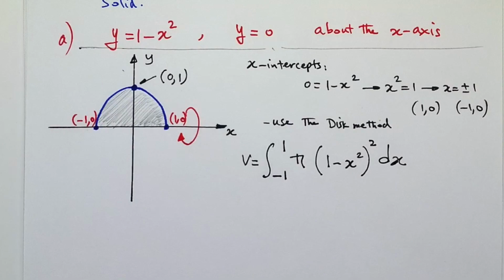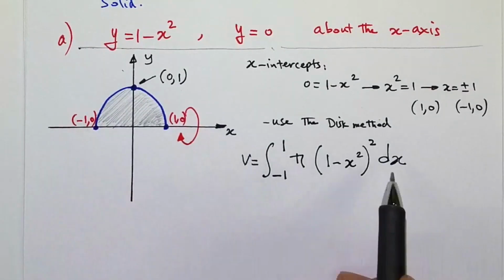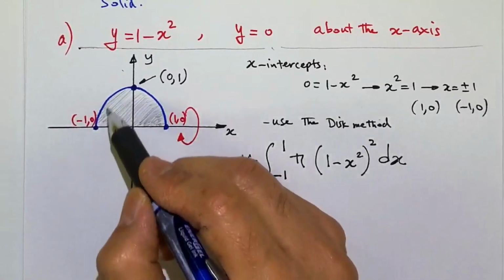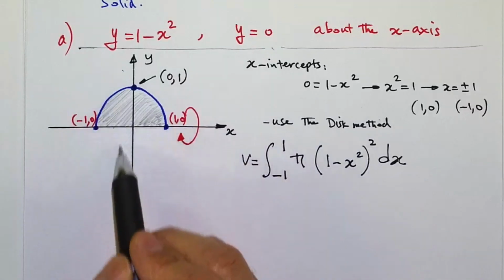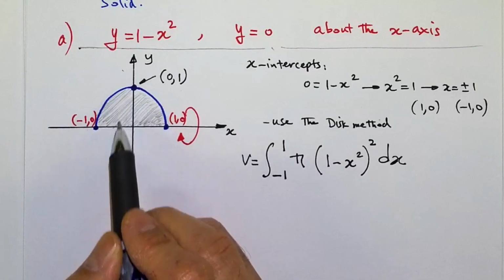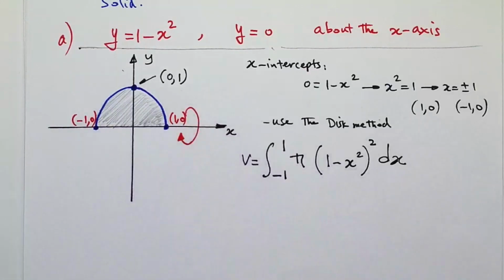Okay, so the rectangles that are being involved in this integral, if you're trying to visualize what this integral is doing, they're going to be vertical discs, not rectangles, sorry.